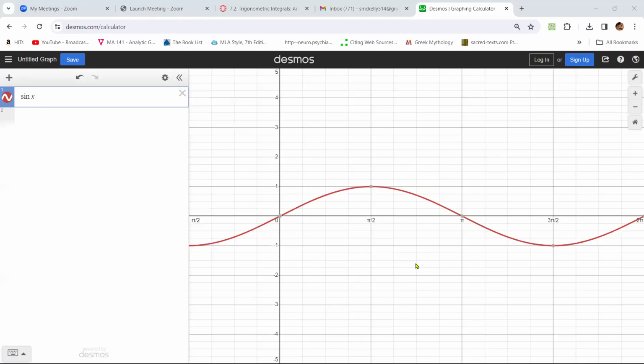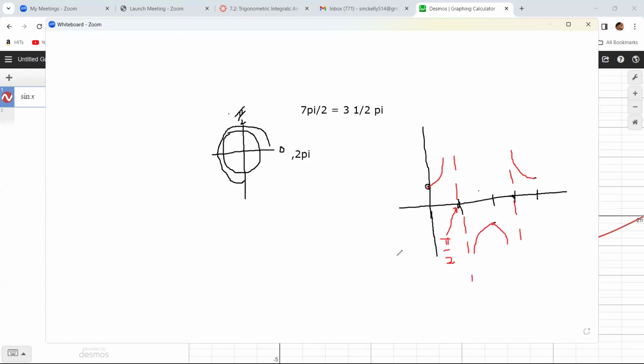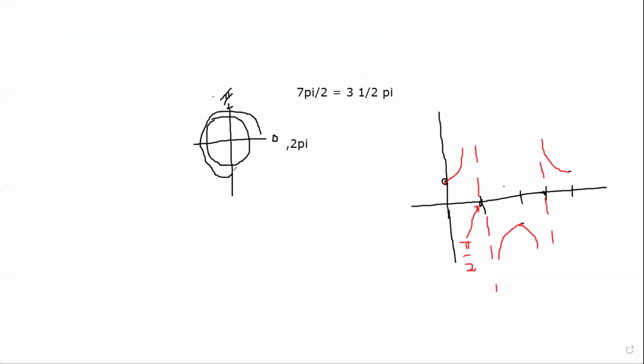You've got 3 pi over 2, that's a negative 1, okay? Because you're down below the axis. If you were looking at it in terms of the unit circle, again, I'm down here. The sine down here is a negative 1. The cosine would be 0, but the sine would be a negative 1.